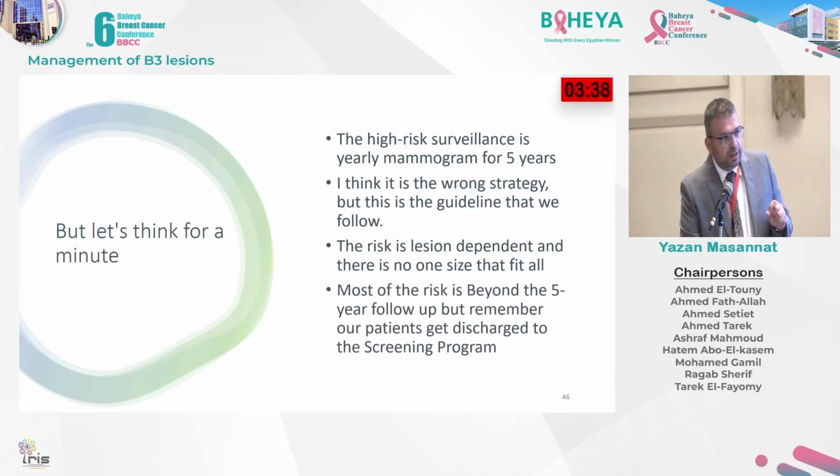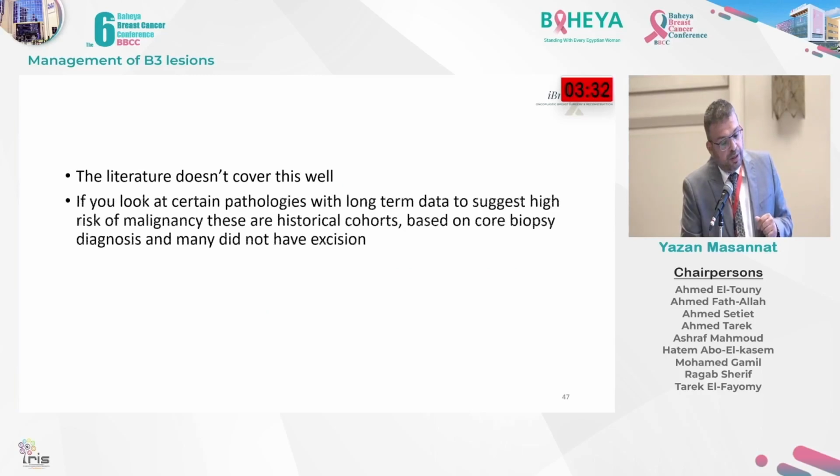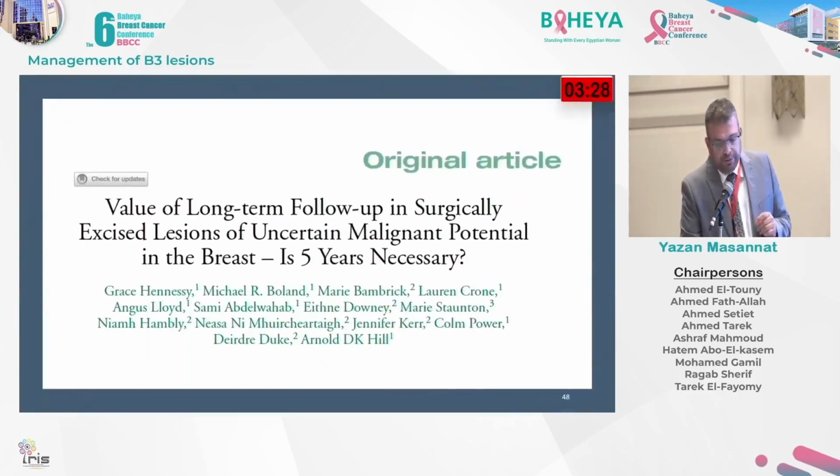And remember that most of those patients, after the 5 years, might have been discharged from our screening mammograms. So the literature does not cover that well. Certain pathologies behave differently, and there are very few studies. For example, this one from Ireland, 'Is 5 years necessary?'